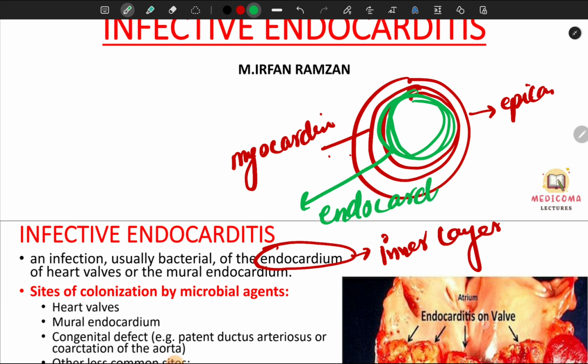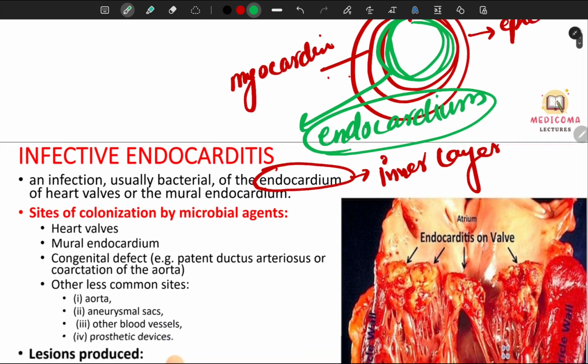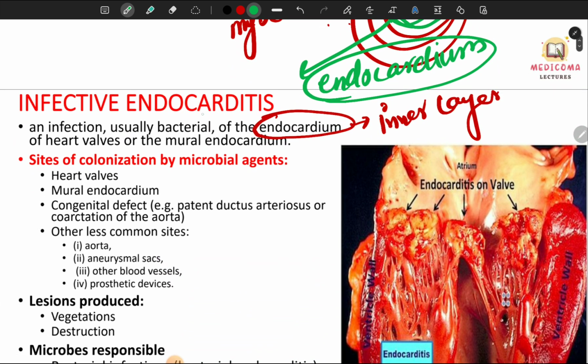So the infection of this endocardium, the innermost layer of the heart, is called infective endocarditis. It is due to bacteria, that's why we call it infective endocarditis.